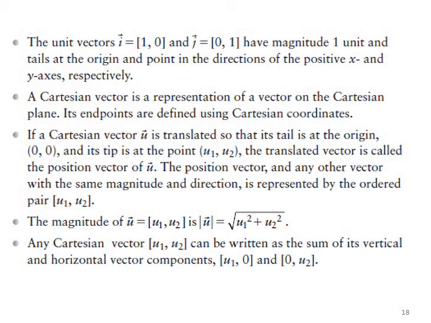The position vector and any other vector with the same magnitude and direction is represented by the ordered pair (u1, u2). The magnitude of u is going to be the square root of u1 squared plus u2 squared. Any Cartesian vector (u1, u2) can be written as the sum of the vertical and horizontal vector components as (u1, 0) and (0, u2).